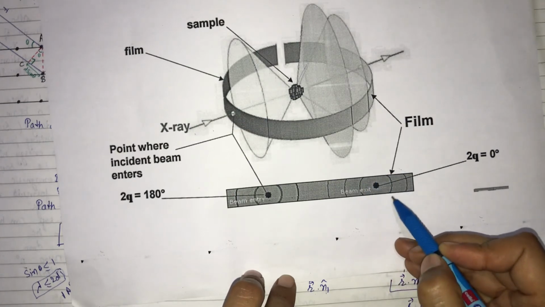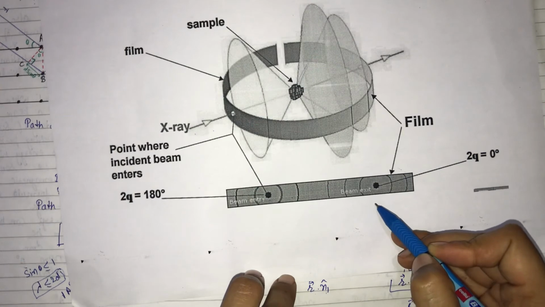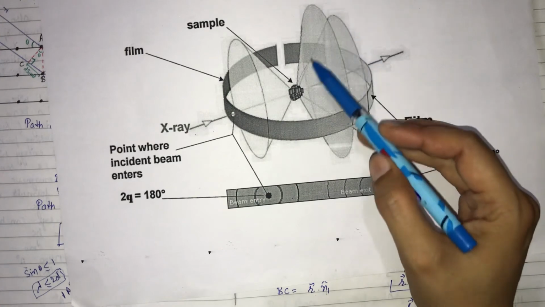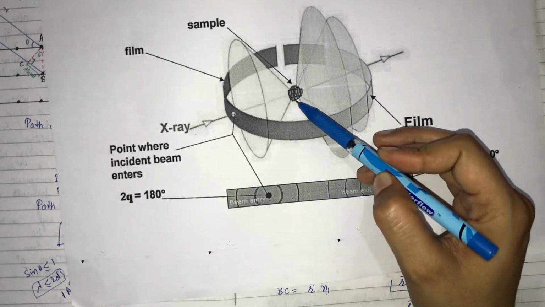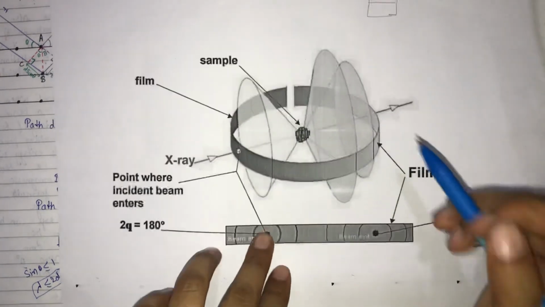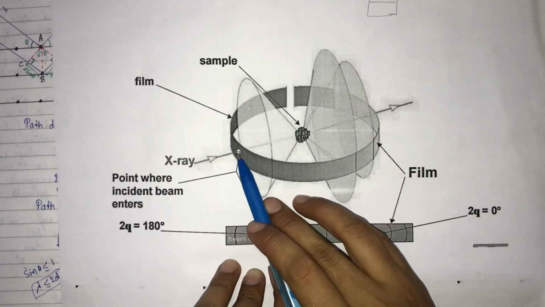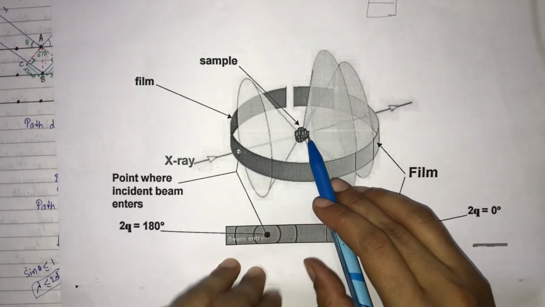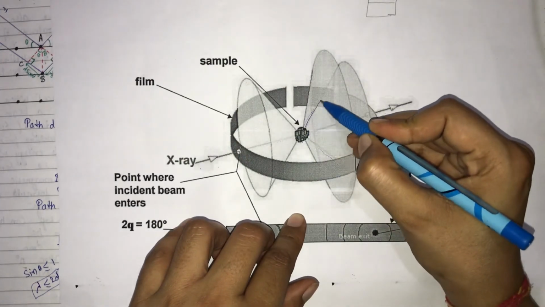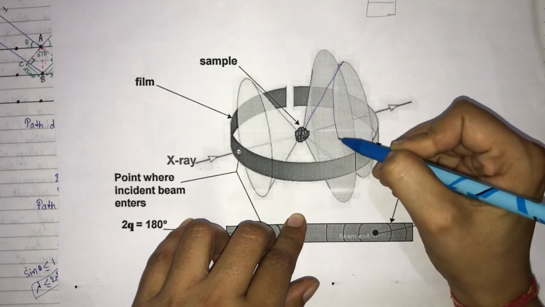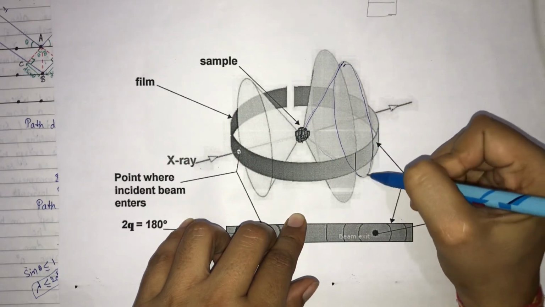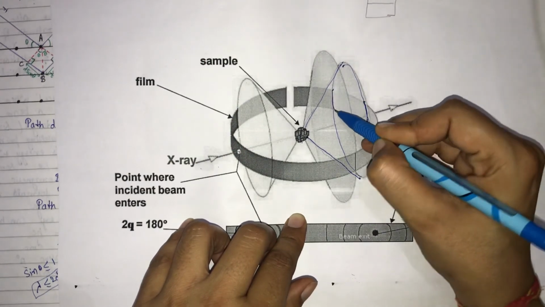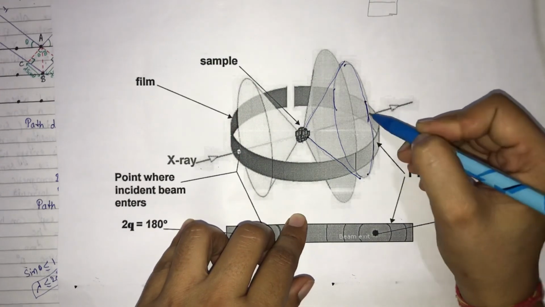If we complete these arcs, then it will make a circle, and if we complete a cone behind this in this way, then this cone will have its apex where the sample is placed. Clear? Now see in this picture, if this is the line through which the incident X-ray beam is incident on the sample, and imagine this particular cone, these particular arcs will get filmed around this center.